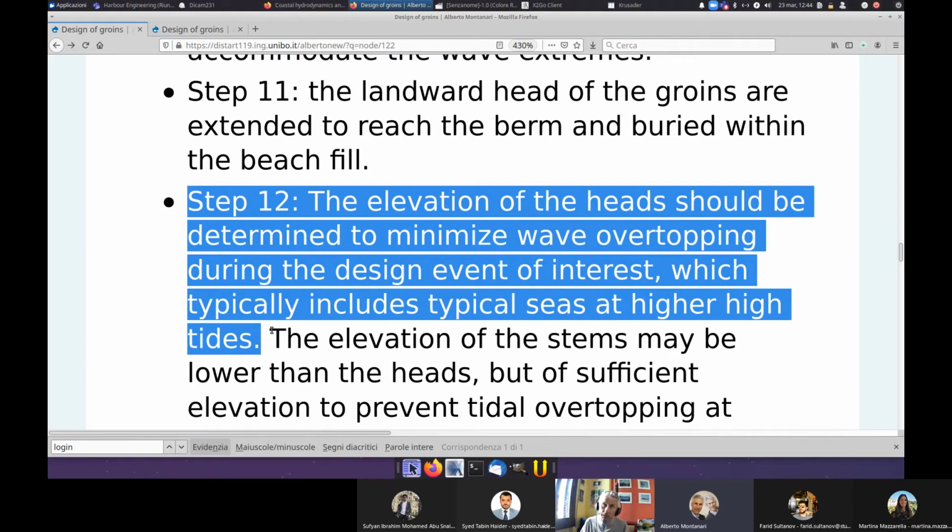So you basically should make sure that you don't have groin overtopping at higher high tides, because if energetic waves are superimposed in this situation, it may move sand from one pocket to the neighboring one, and the whole equilibrium of the new beach may be impacted.